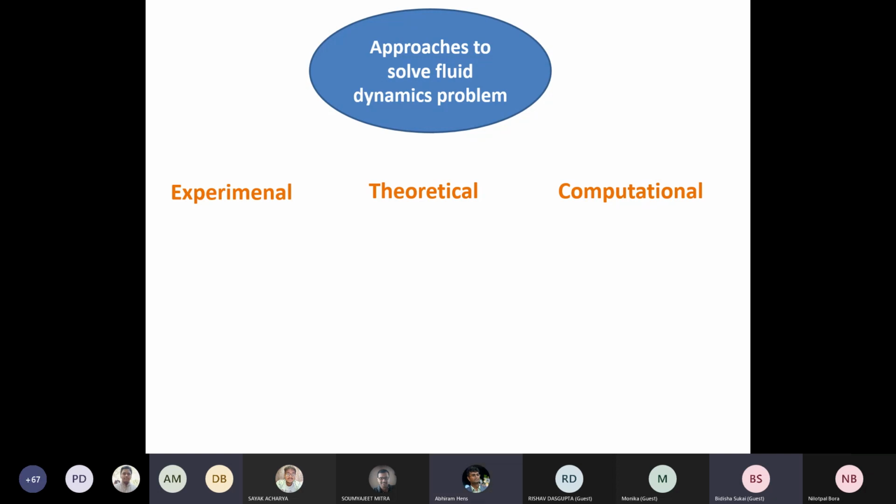There are three approaches available to us to solve such fluid dynamics problems. The first one is experimental, the route of experiments, which is the mother route, I would say, because nothing can replace experiment. Final validation will always come from experiment.